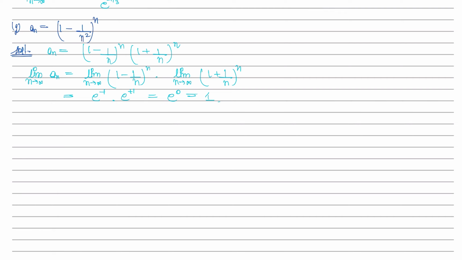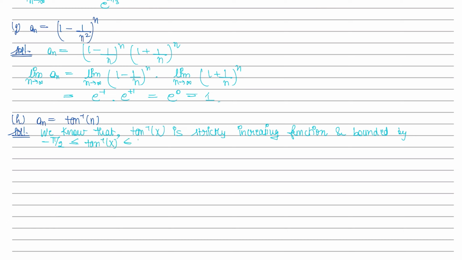The next one is an is equals to tan inverse n. We must know some results about this function tan inverse. We know here tan inverse function is strictly increasing function, and it is bounded by minus pi by 2 and pi by 2.